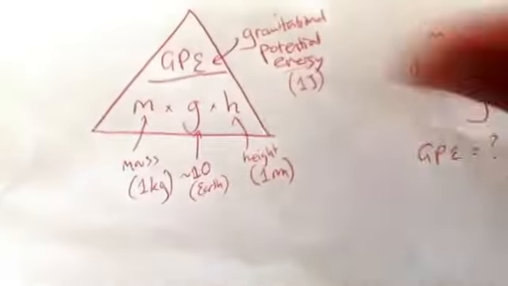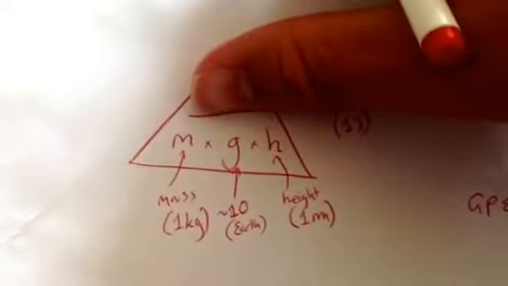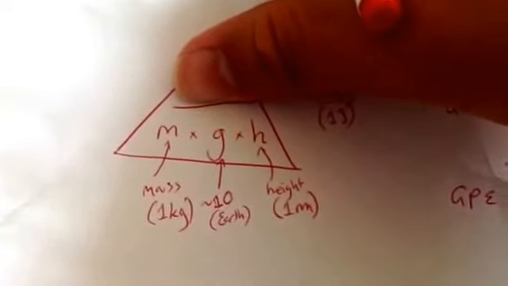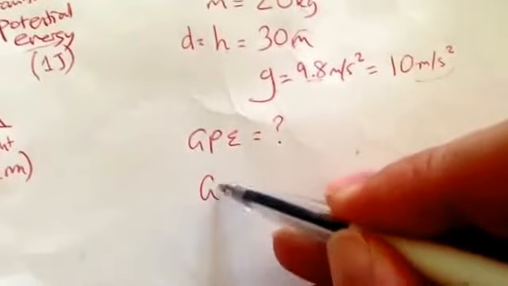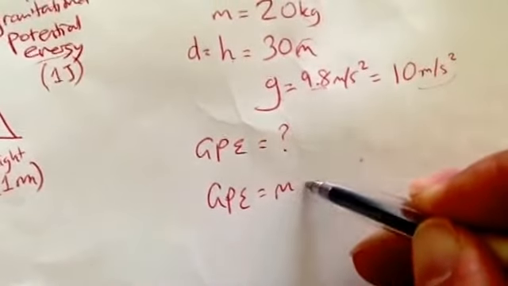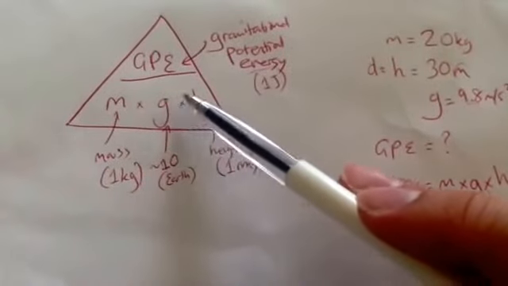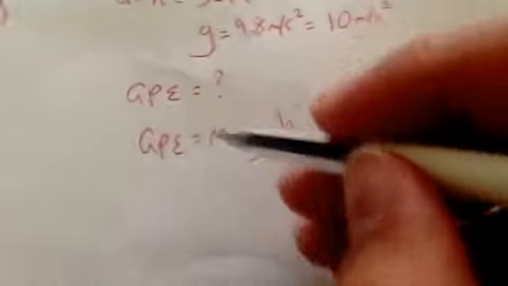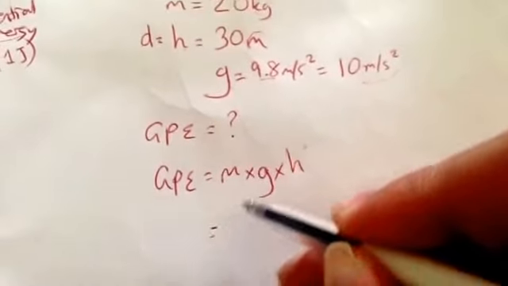So we go to our triangle, we cover up GPE, and we write down equals M times G times H. GPE equals M times G times H. Now we just put in the numbers.